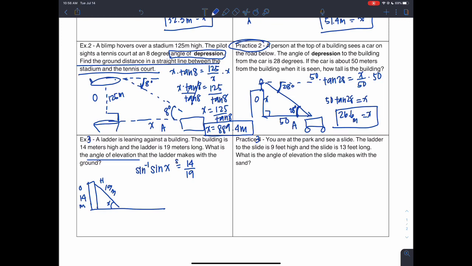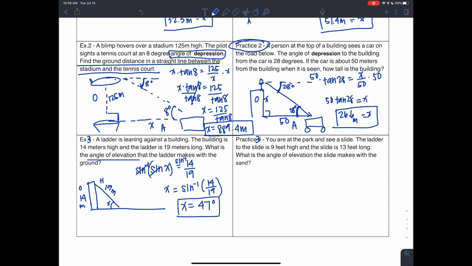So sine inverse will be applied to both sides. Sine inverse and sine cancel out. So on the left we have x. And that equals sine inverse of 14 over 19. Then we use our calculator to solve that out. And that gives us x equals 47 degrees.